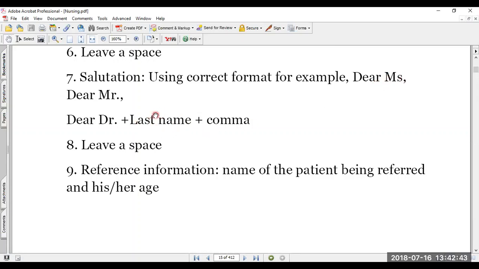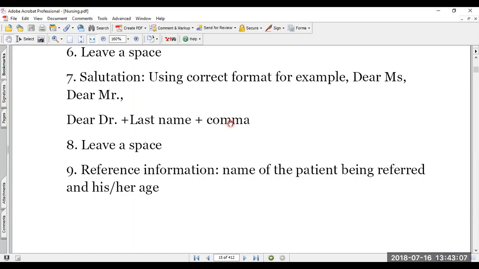Because in formal setups or in formal writing, the person is always addressed with their second name. They should not be addressed with their first name, and you don't even need to write their full name. You just need to write their second name. So, Dear Dr. Thompson, for example, Dear Dr. whatever their surname is, and then you need to have a comma.